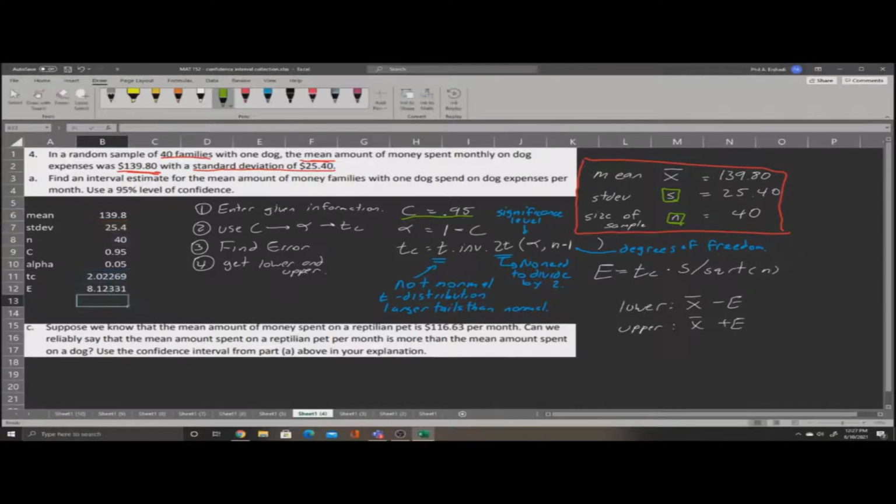When we press enter, this will give us our error. Then we can find our lower and our upper. So our lower is equal to x bar, or the mean, minus the error. And the upper is equal to the mean plus the error.